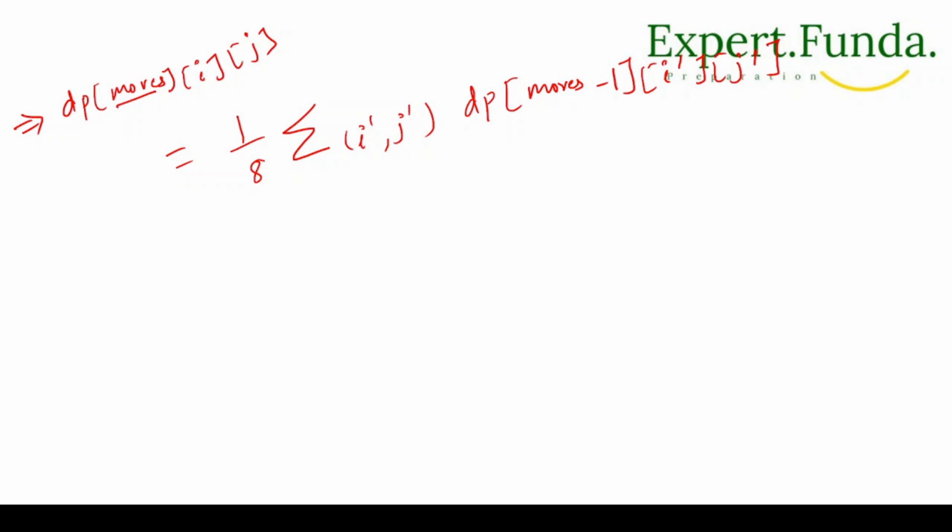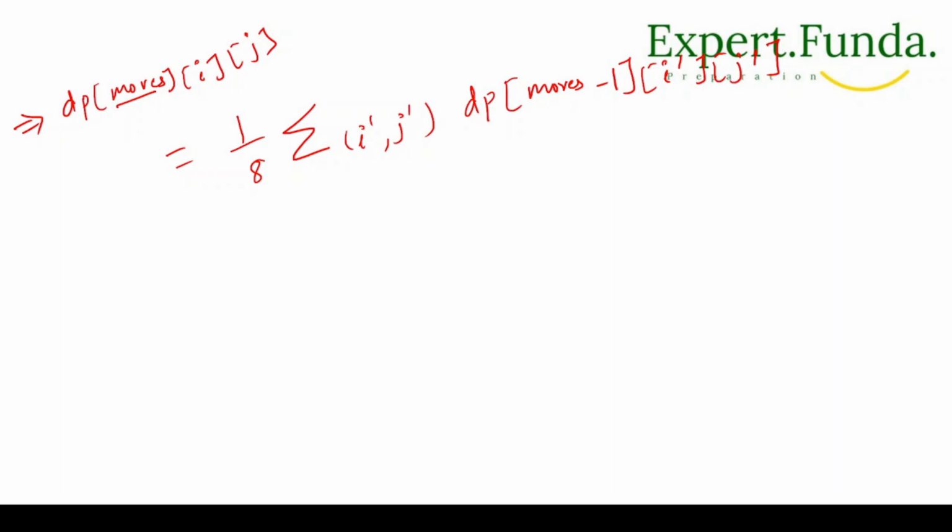So this probability takes into account all the possible paths and movement of the knight up to that point. And finally, to calculate the total probability of the knight remaining on the chessboard after k moves, we sum up the probabilities for all cells i and j on the chessboard. Let's think of total probability as representing the overall probability that the knight remains on the chessboard after k moves.